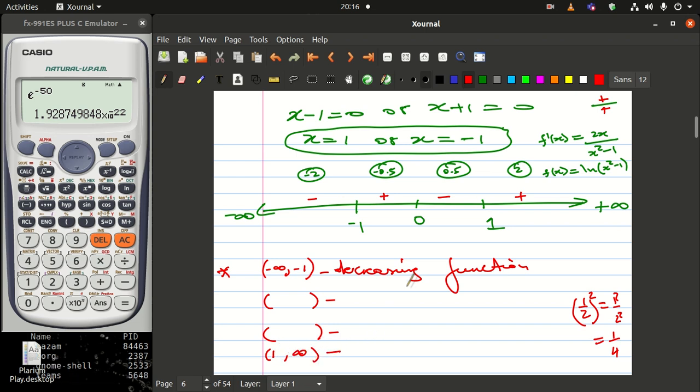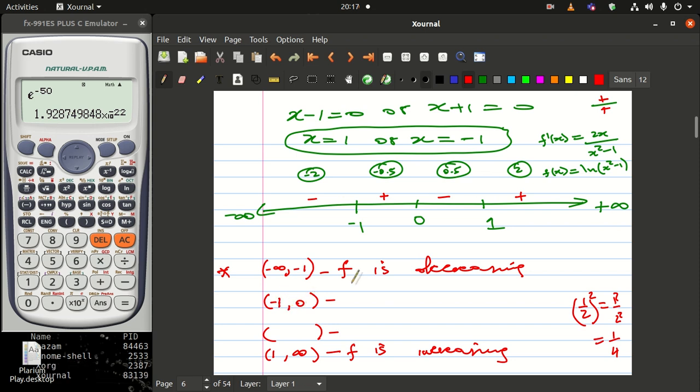You can see actually that this one is saying that f is decreasing. That's what I wanted to say. And then here, because it's positive, f is increasing. So the first derivative is positive, so the function is increasing. So according to this, if you move from negative 1 up to 0, the function is increasing.